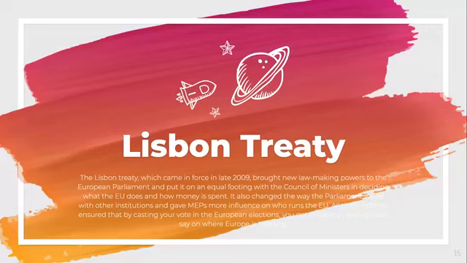So the Lisbon Treaty, which came into force in late 2009, brought new lawmaking powers to the European Parliament, and it put it on an equal footing with the Council of Ministers in deciding what the EU does and how money is spent. It also changed the way the Parliament works with other institutions and gave MEPs more influence on who runs the EU. All these reforms ensured that by casting your vote in the European elections, you get to have an even greater say on where Europe is heading.